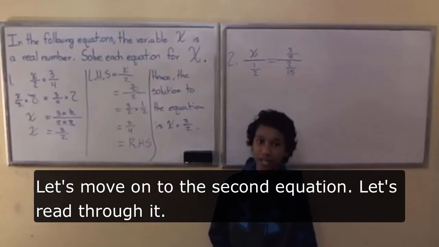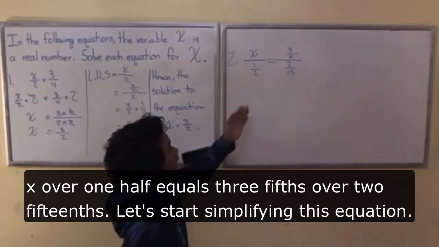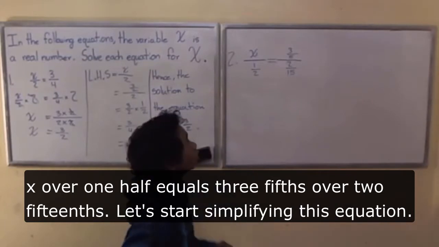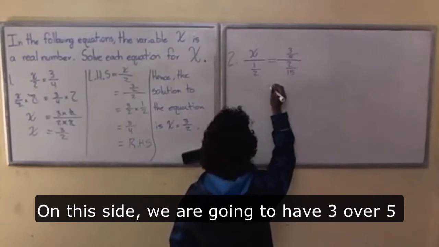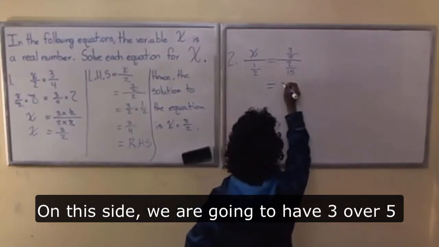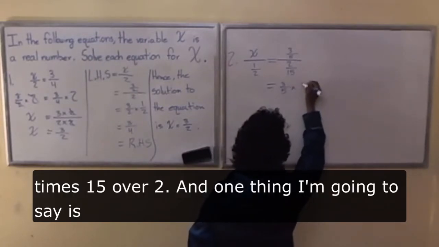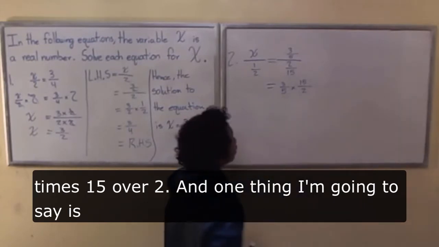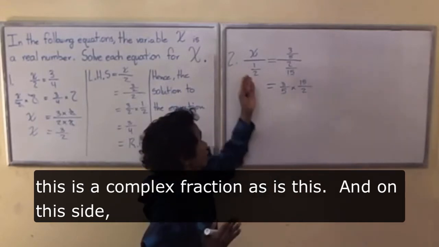Let's move on to the second equation. Let's read through it. x over 1/2 equals 3/5 over 2/15. Let's start simplifying this equation. On this side, we're going to have 3 over 5 times 15 over 2. And one thing I'm going to say is this is a complex fraction, as is this.